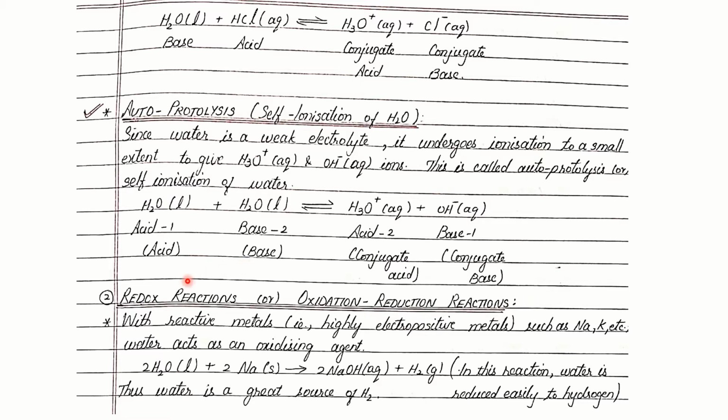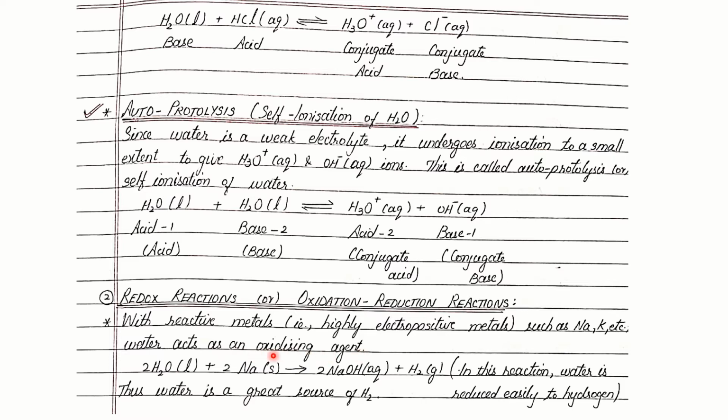Now the second chemical property associated with water is redox reactions, in the sense oxidation-reduction reactions. With reactive metals, that is highly electropositive metals like sodium, potassium and so on, water acts as an oxidizing agent.